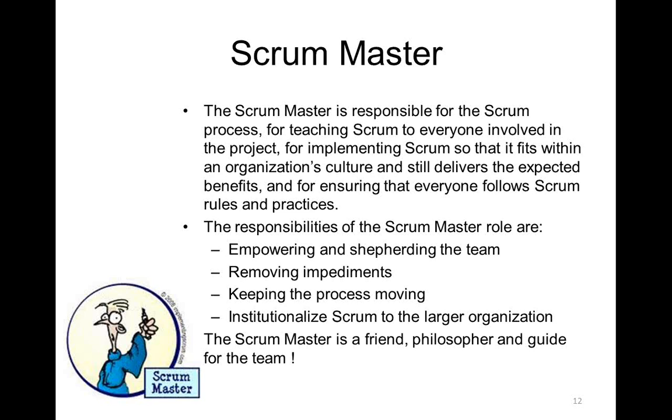The Scrum Master is also there to remove impediments. In case the team comes across any impediment, the Scrum Master tries to help and remove that impediment so that the team can make progress. Keeping the progress moving is also the Scrum Master's responsibility, ensuring that the team is making the right kind of progress at the right pace on a day-to-day basis during any of the iterations.